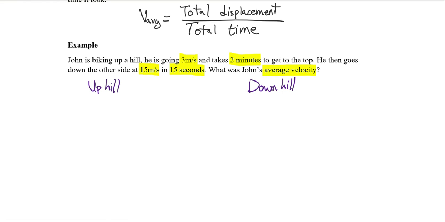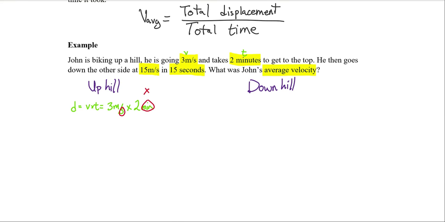So in my uphill portion, I can find exactly how far he went. That'll be the velocity multiplied by the time. If I plug this in, 3 meters per second multiplied by 2 minutes, and I take a look at my units, seconds and minutes, oh no, that doesn't match. We can't do this multiplication.